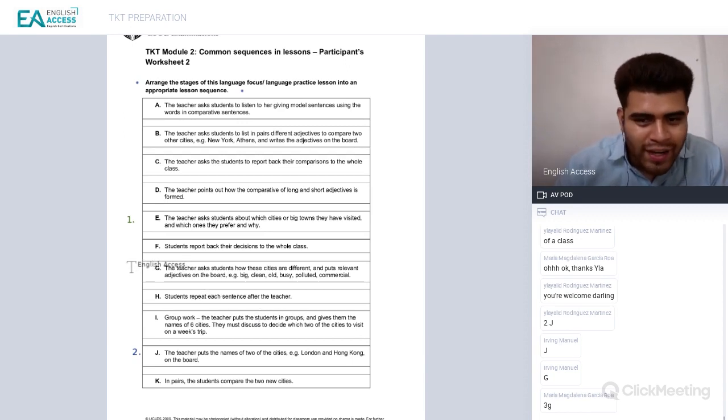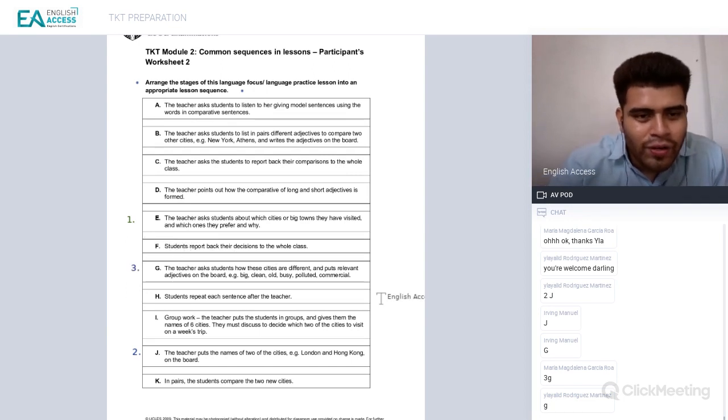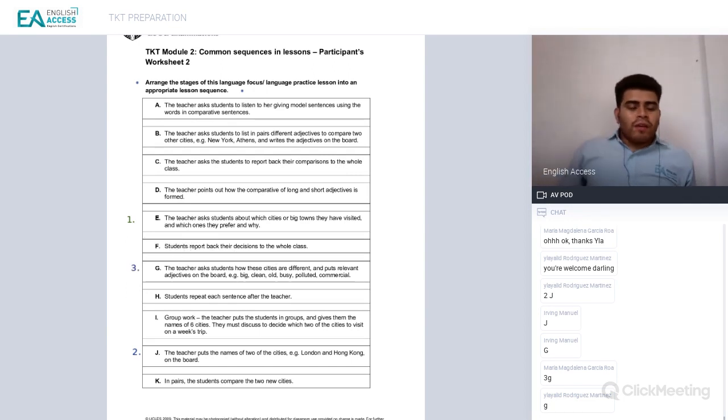Irving, Magdalena. You guys are on fire. All right, yes. Letter G is the third step.